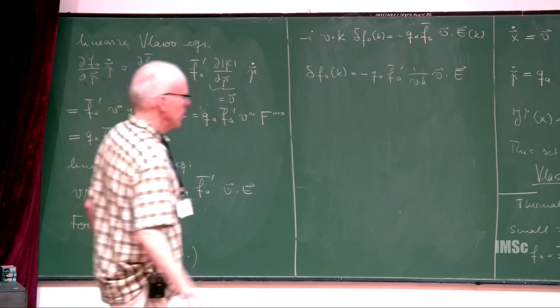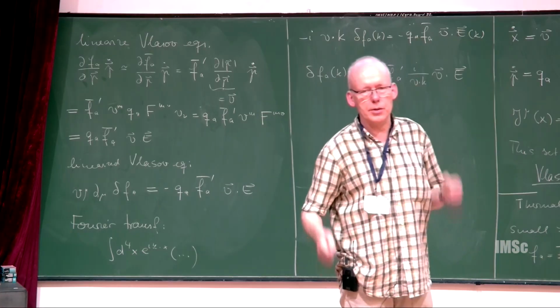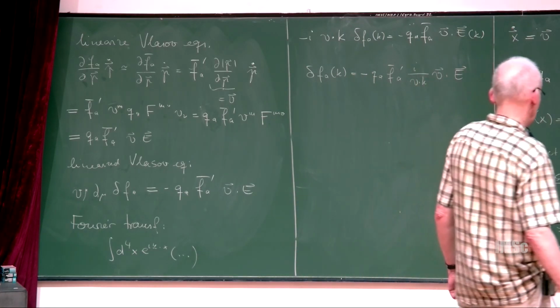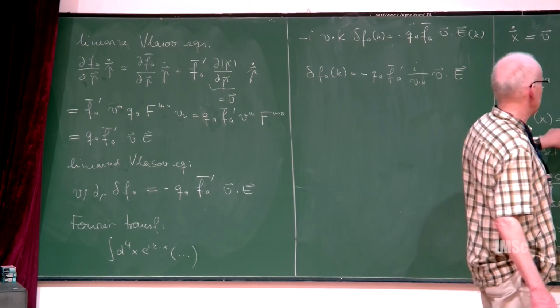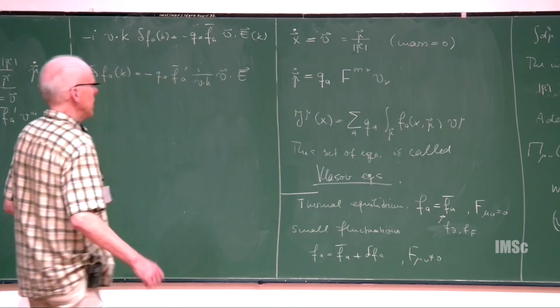Then we can use this for the current. The current is 0 in equilibrium because we have an equal number of positively and negatively charged particles, so if you plug the equilibrium distribution into this expression, you get 0, and the only contribution comes from the delta f_a.